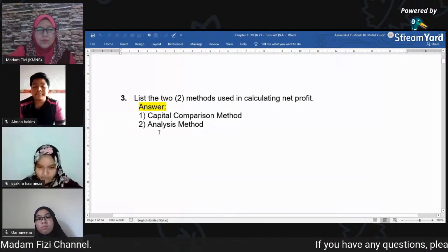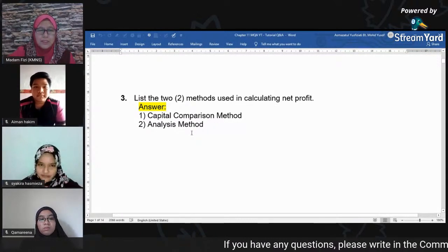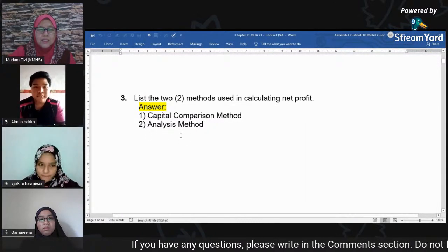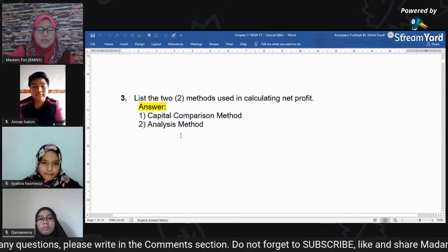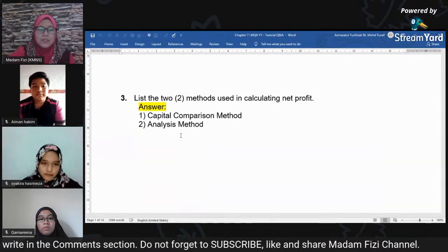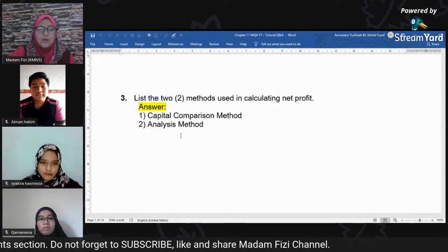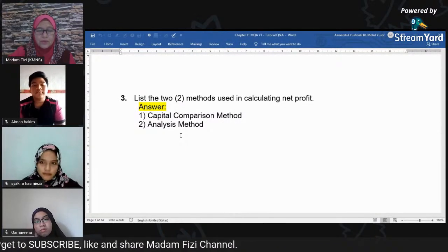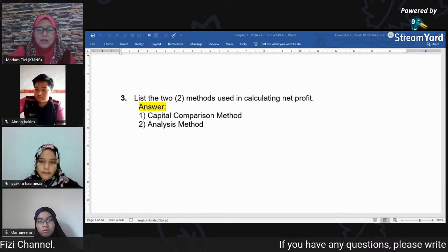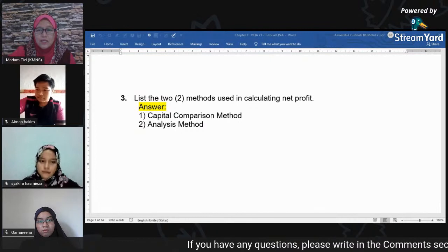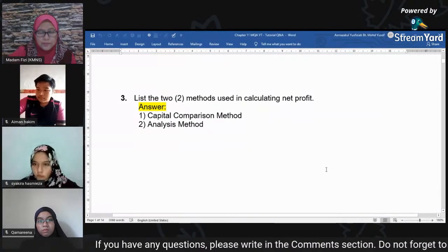Method number 2 is analysis method. In the analysis method, we have more information but we don't have information of sales and purchases or expenses or revenue. So there are two methods used in calculating net profit.